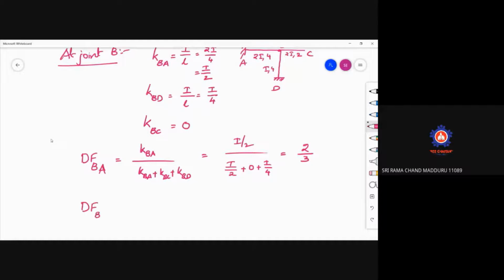Distribution factor for BD is equal to KBD by KBA plus KBC plus KBD, which is I by 4 by I by 2 plus 0 plus I by 4, and this will be 1 by 3.